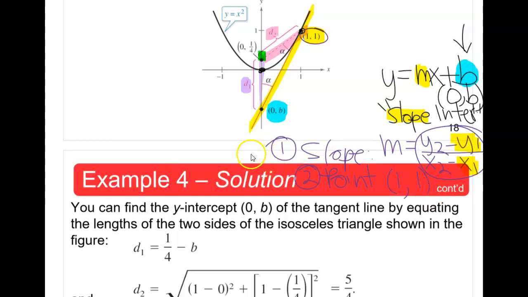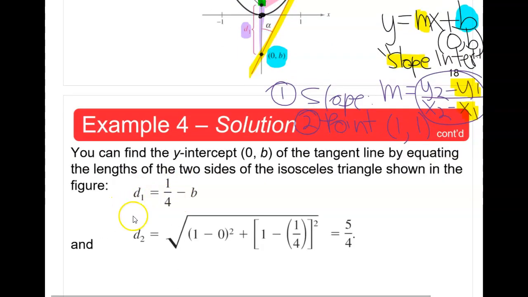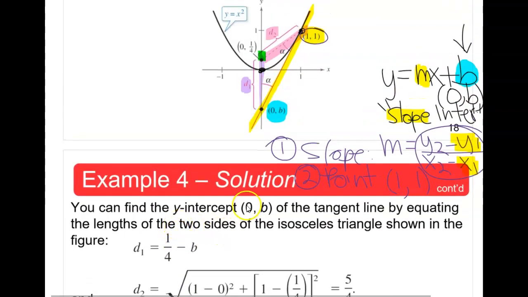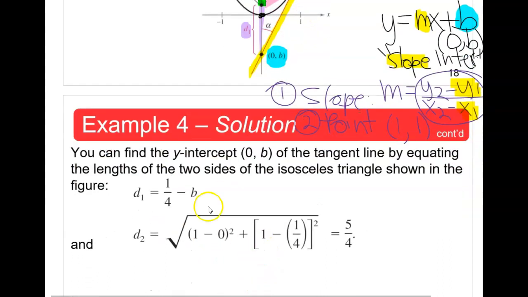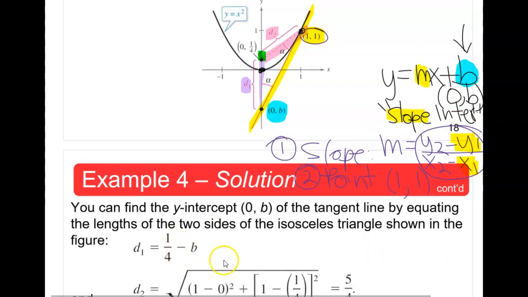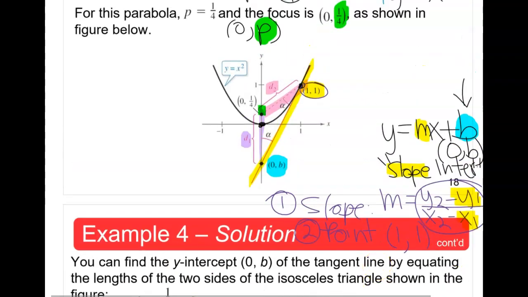So to do that, since we know they're equal, we're going to equal the two equations that you see here. But before that, let me tell you how they found those. And so those were found by using the distance formula from section 1.9. And I believe we have used it in this class.